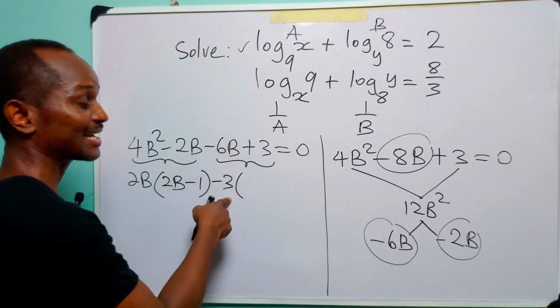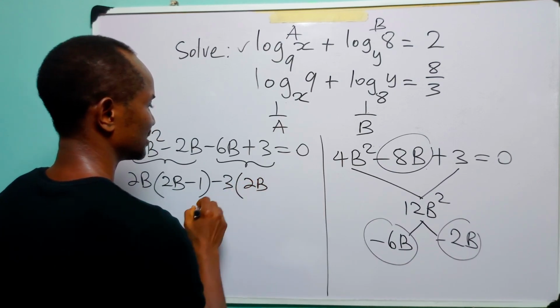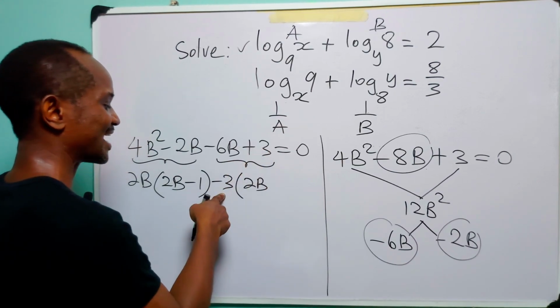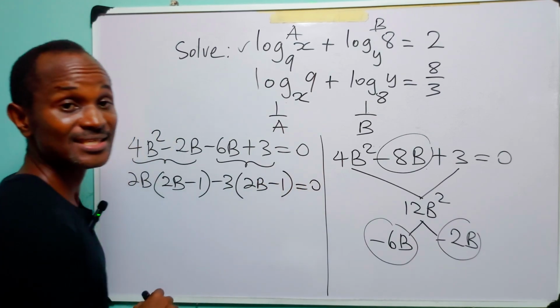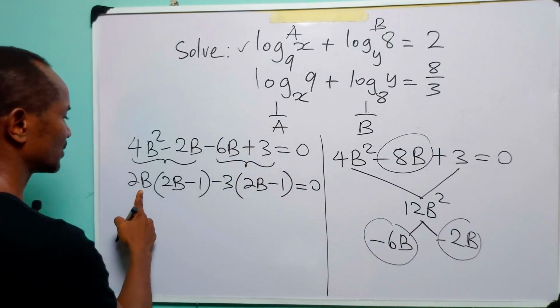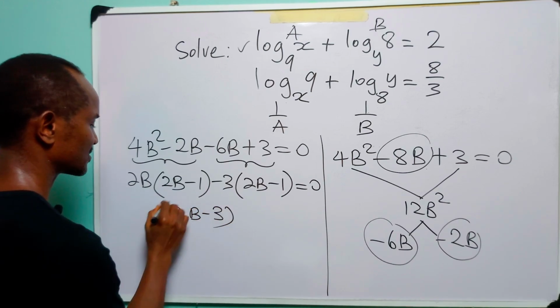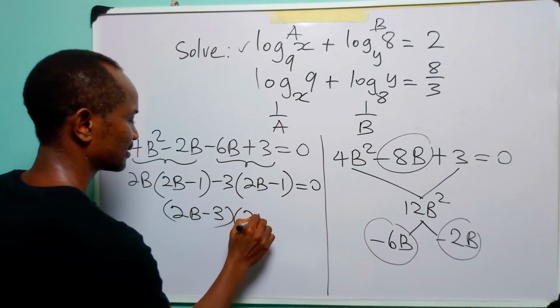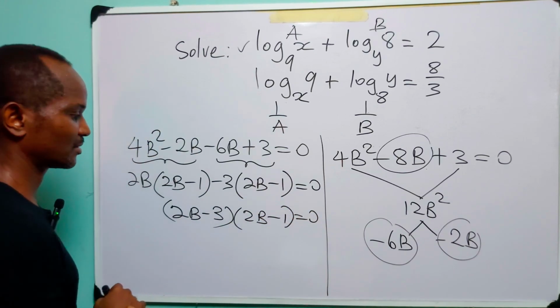Minus 6b divided by minus 3 is going to give us 2b. And plus 3 divided by minus 3 is going to give us minus 1. And this is equal to 0. Now we collect the factors. We have 2b minus 3 multiplied by 2b minus 1 is equal to 0.